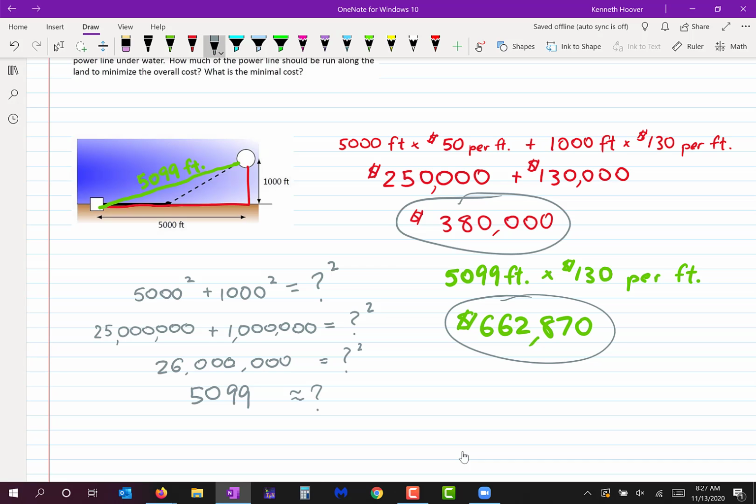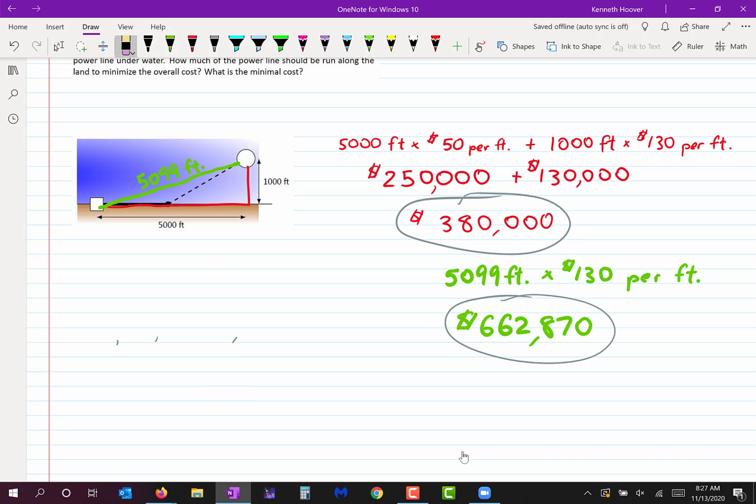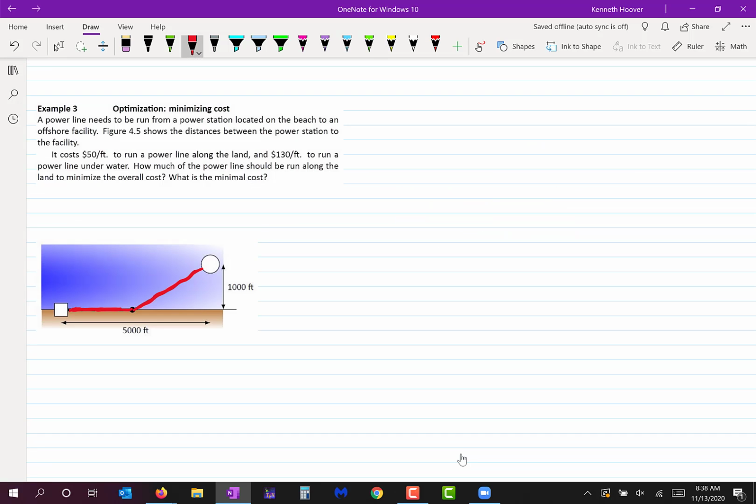Now, the smartest person in the room steps up and says, you guys are both wrong. The best thing to do if we want to save money is to go down the shore a certain distance, and again, the question is, we'll have to decide where the turn should happen in order to come up with the minimum cost.